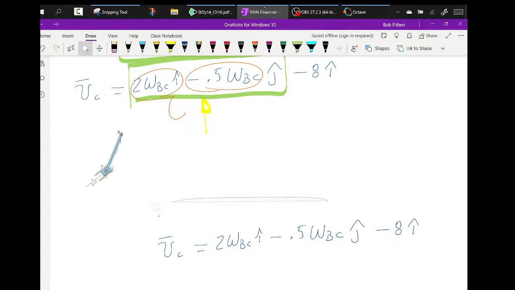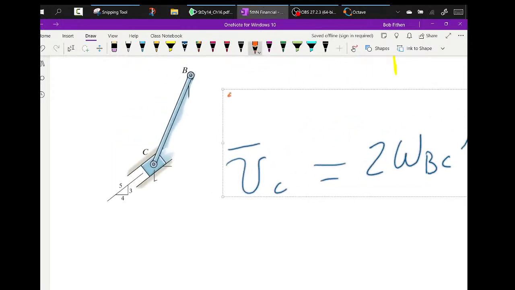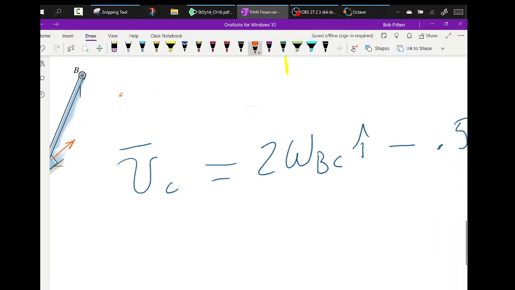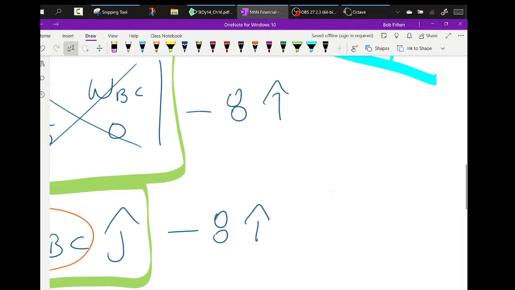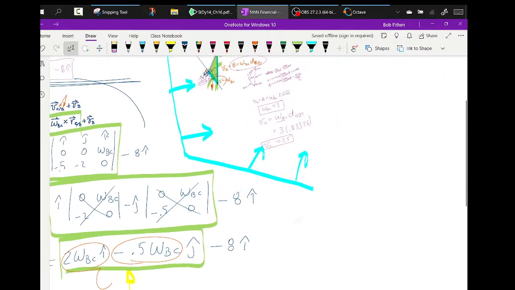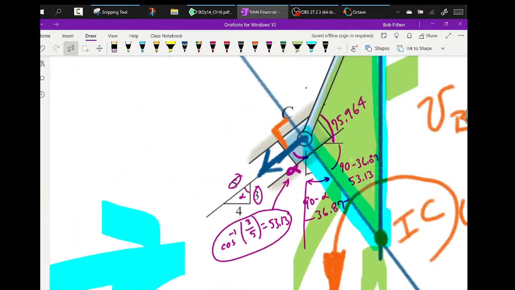What is our issue here? Our velocity C is either going to be going like this or like this. It doesn't matter which one you pick. Whatever you pick, let's pick the wrong one. Okay, we already know that it's going from this over here. You know what? I probably ought to go here. We already know from this it's going down.